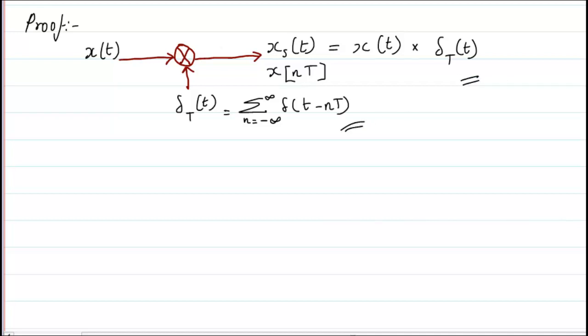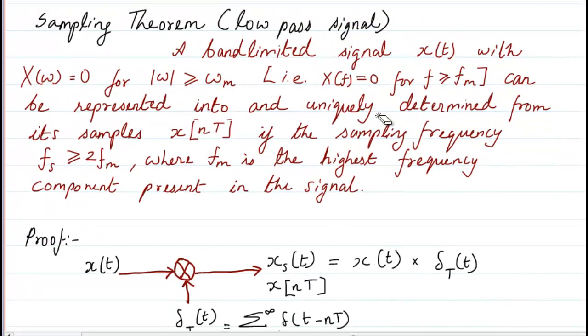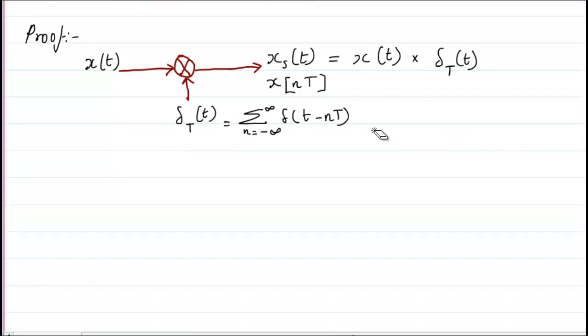So what we will first try to find out is, see here, if you look at the statement, it is all talking about the frequency. So everything has to do with frequency. So the first thing I will do is try to take the Fourier transform of this sequence. Now you can see this is a periodic signal, correct?